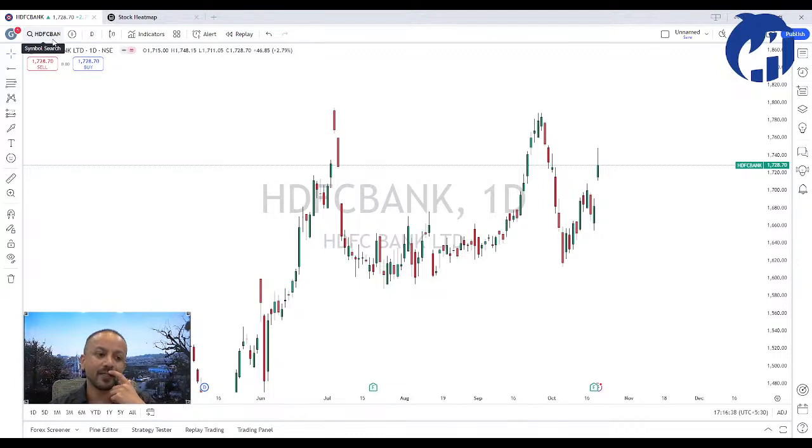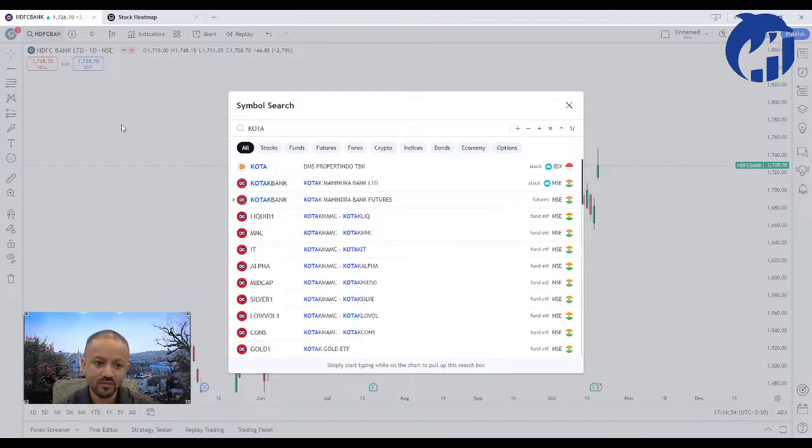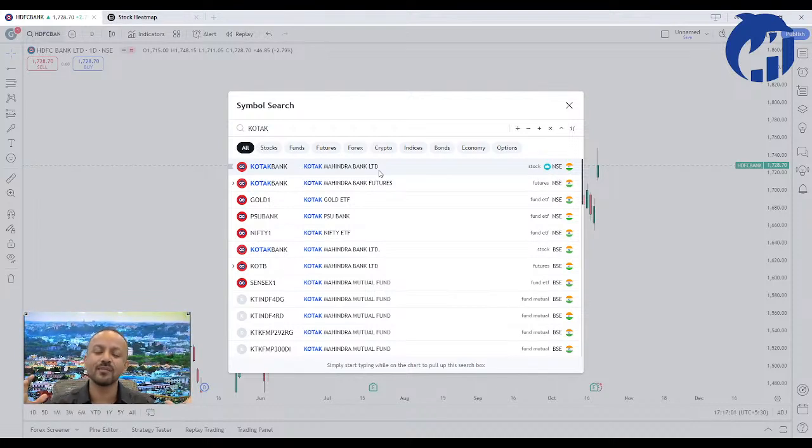While at the same time, if you're looking at Kotak, I just showed you Mahindra had appreciated by almost 3%. 3%, it's a huge deal, right? On the other side, we have Kotak Mahindra Bank. Please understand, both of them come from the same sector, the banking sector.